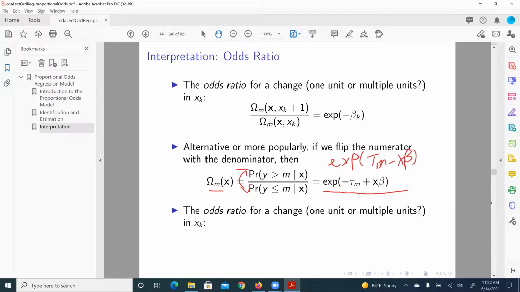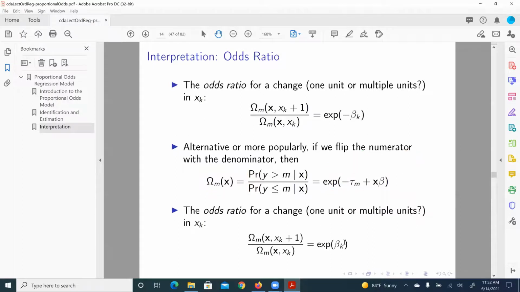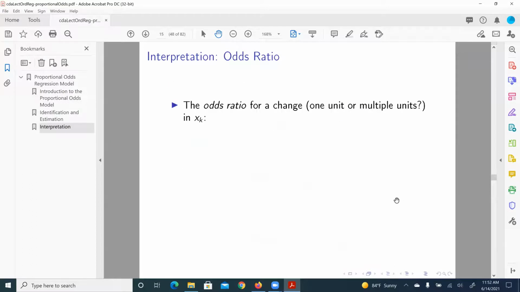After we switch the numerator with the denominator in this odds, the natural exponential becomes negative tau m plus x beta, plus the x beta. Then the odds ratio for a unit change in xk becomes what? The natural exponential of beta k. So now it becomes a positive sign, okay?